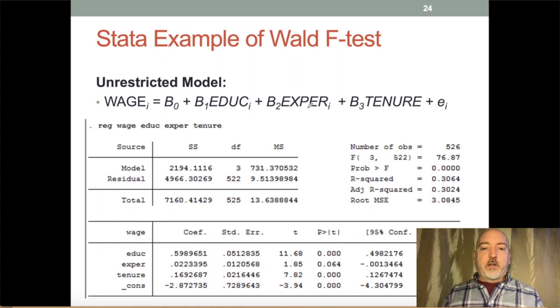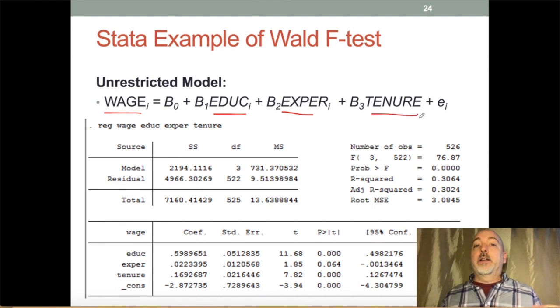So let's take a look at an actual example here, and it's the same one we always look at. We've got a wage determination model, and say we have education, total work experience, and then tenure on the right-hand side. And just keep in mind that tenure is how many years you've been at your current position, as opposed to experience, which is the total number of years in the labor force, right?